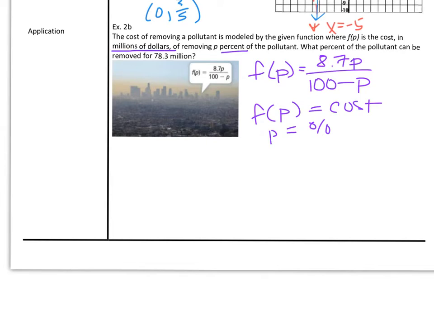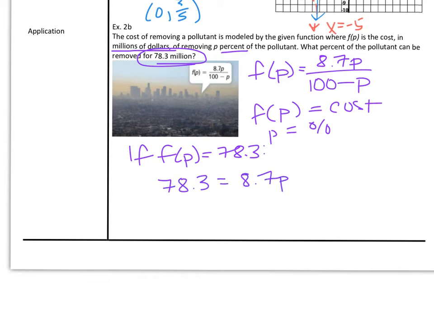Now they tell us the cost. They say if we have $78.3 million, that would be the output. So if f of p equals 78.3 million, we plug that in on the left-hand side. 78.3 equals 8.7p over 100 minus p.